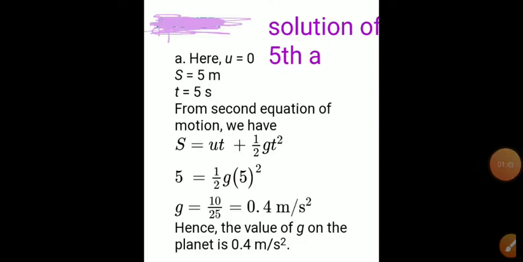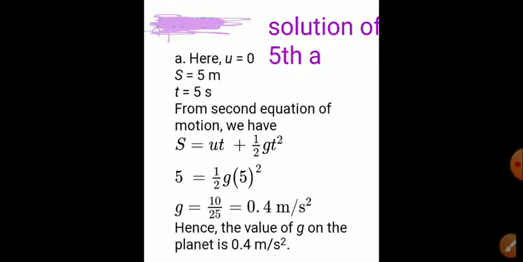So children, in this question u is 0, because the question says an object takes 5 seconds to reach the ground from a height of 5 meter on a planet. So here u will be 0, height is 5 meter, time is 5 seconds.